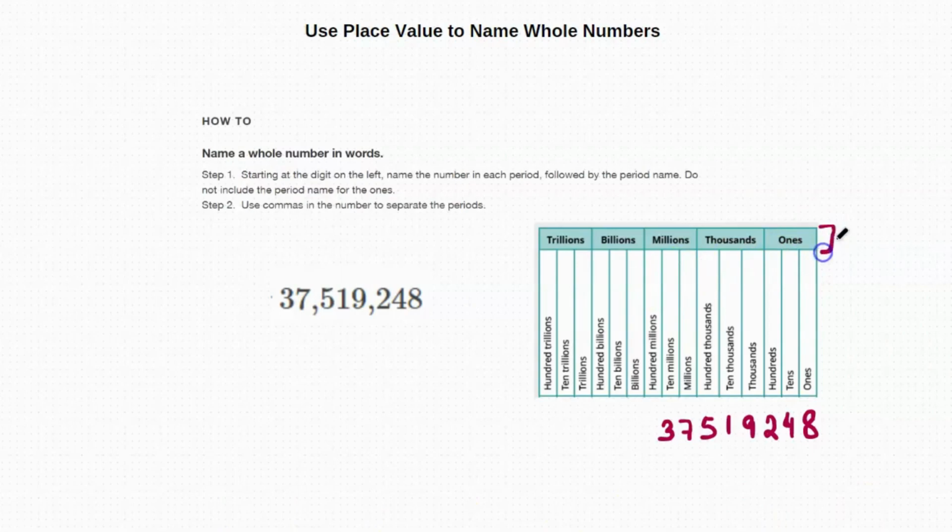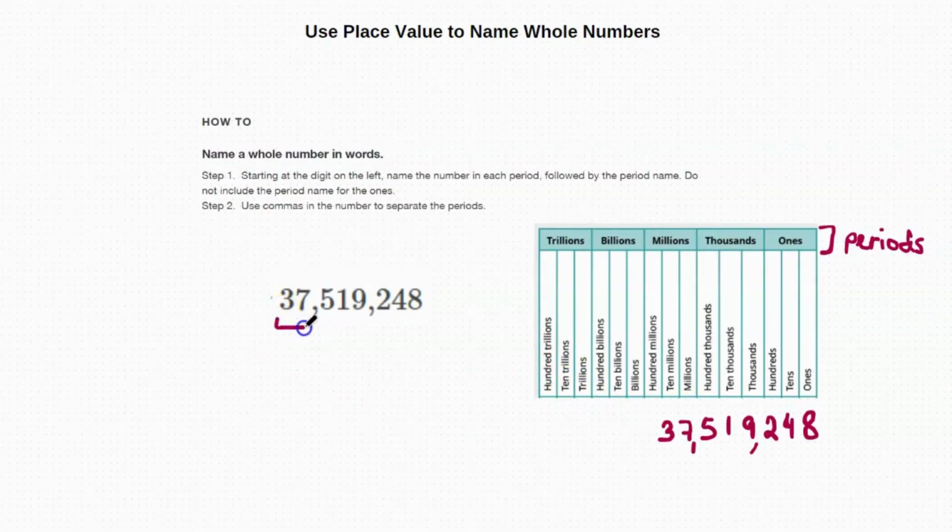Now let's see here. This is what we call periods. So the step number 1 is we start at the digit on the left. So the first period that we have is millions. So this 37 is in the millions period. This 519 is in the thousands period.